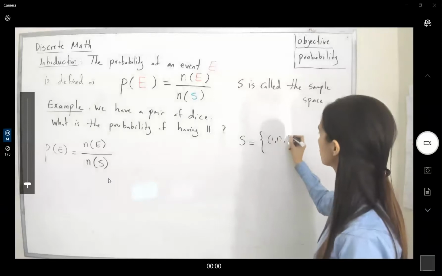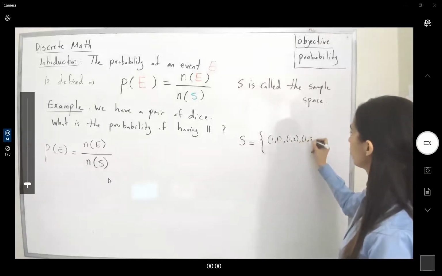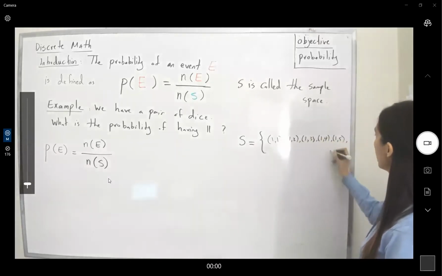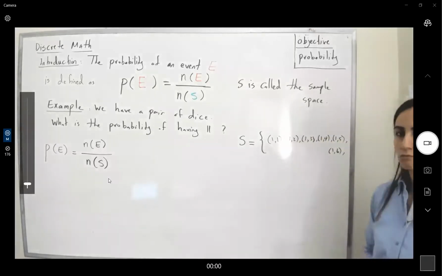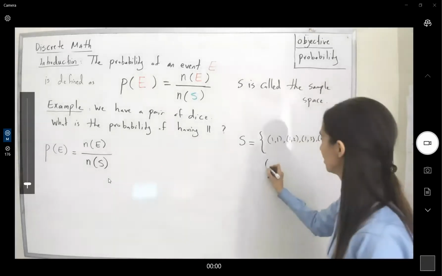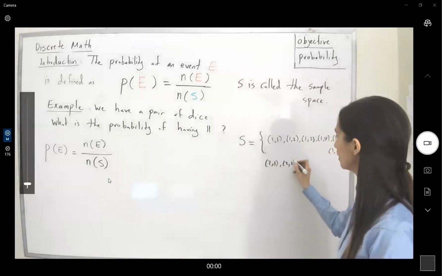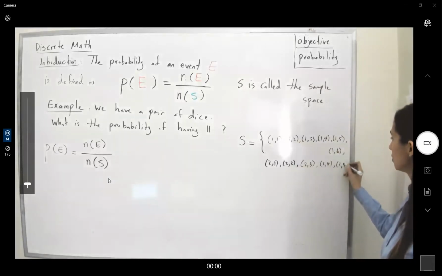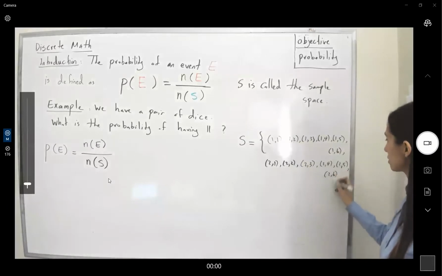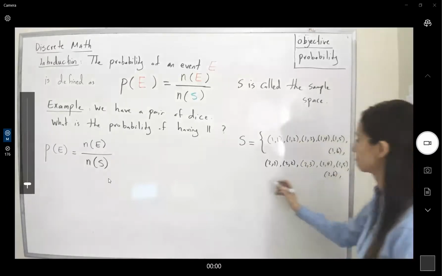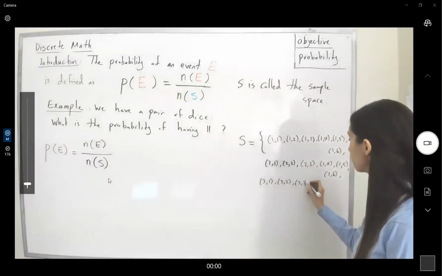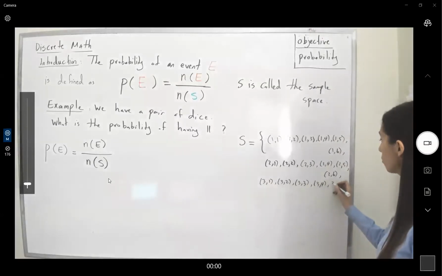1 and 1, 1 and 2, 1 and 3, 1 and 4, 1 and 5, and 1 and 6. The first one might be 2. 2 and 1, 2 and 2, 2 and 3, 2 and 4, 2 and 5, and 2 and 6. The first one might be 3. 3 and 1, 3 and 2, 3 and 3, 3 and 4, 3 and 5, and 3 and 6.